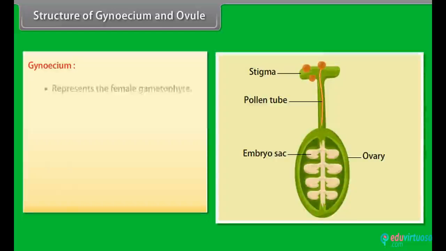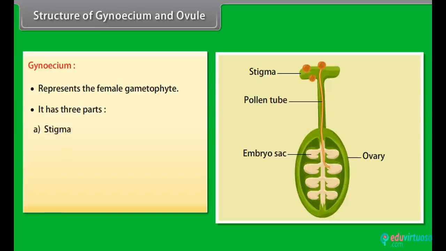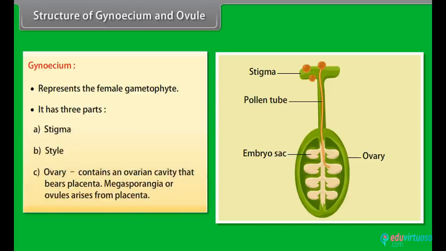Structure of gynoecium and ovule. Gynoecium represents the female reproductive part. Has three parts: stigma, style, ovary. Contains an ovarian cavity that bears placenta. Megasporangia or ovules arise from placenta.